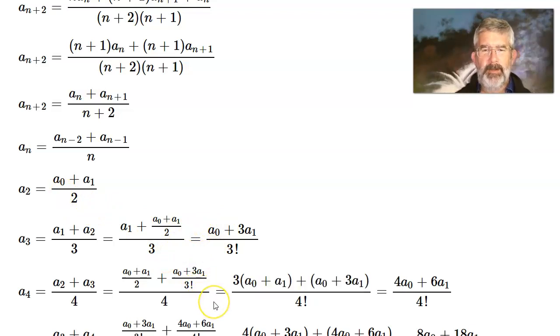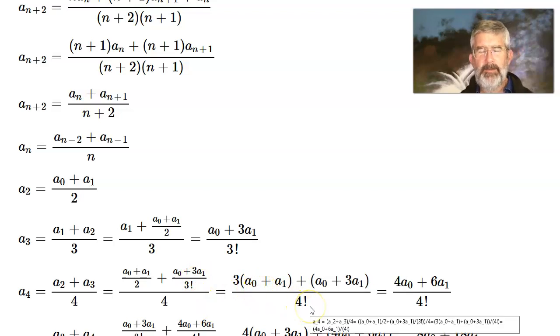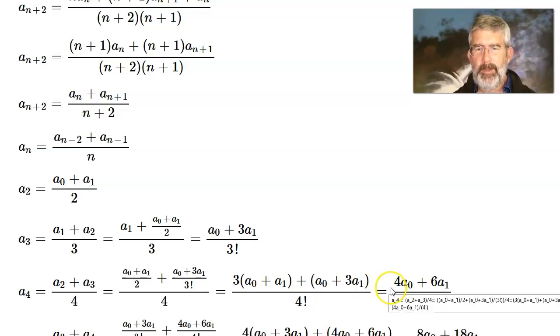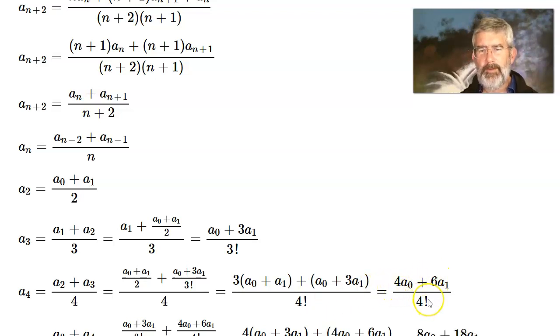Multiplying top and bottom by 3 factorial, that would be 3 times this stuff plus that stuff. So divided by 4 times 3 factorial is just 4 factorial. And I get a total of 4 a0s plus 6 a1s over 4 factorial.